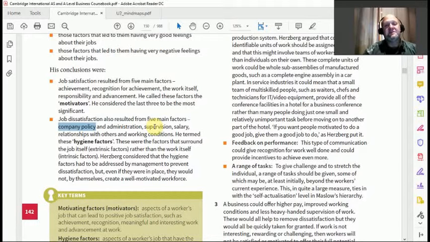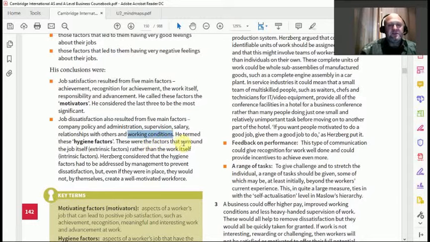And sometimes too much supervision is a bad thing. Salary is important. You can never earn enough. Relationship with others. There has to be some sort of relationship. That's that social need of Maslow once again. And then, of course, the working conditions, which we discussed in the previous theory around Mayo.